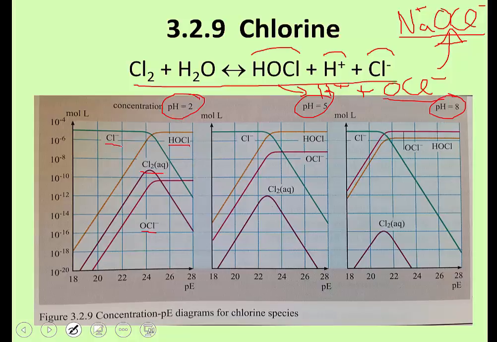Here's our chloride ions. Now, what's going to have the best disinfecting action is actually going to be the hypochlorous acid and the chlorine to some extent. So the chlorine gas dissolved in there kind of stays in equilibrium with those. Hypochlorite, used for bleach, we know it can have a disinfecting action. That's what we use it for. We use it for cleaning.